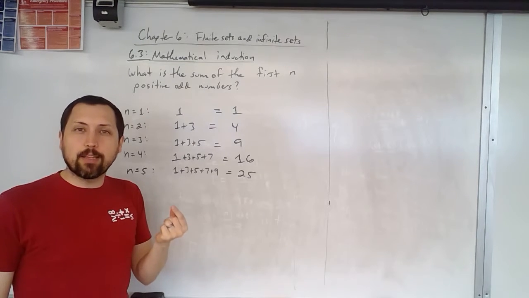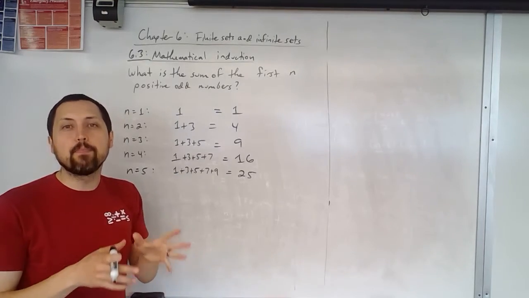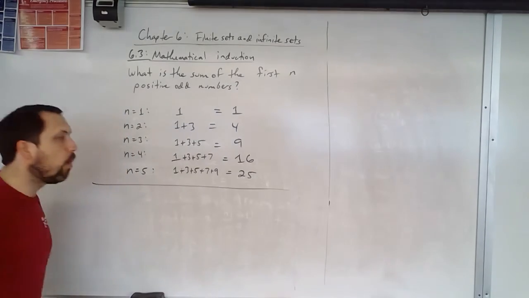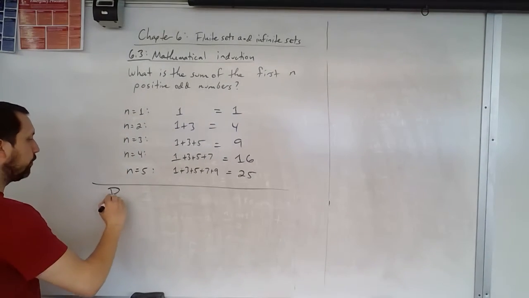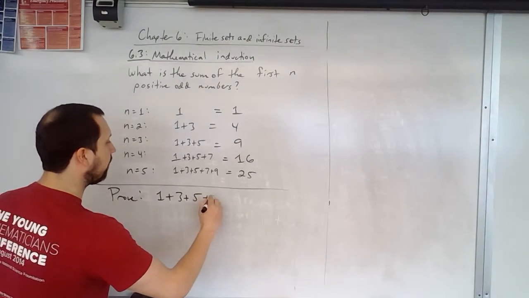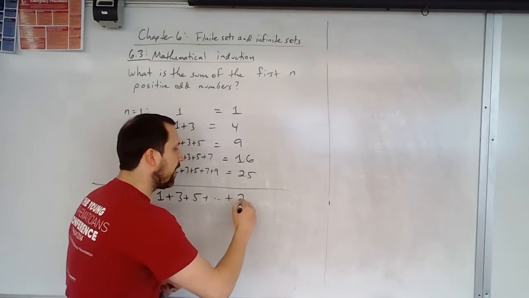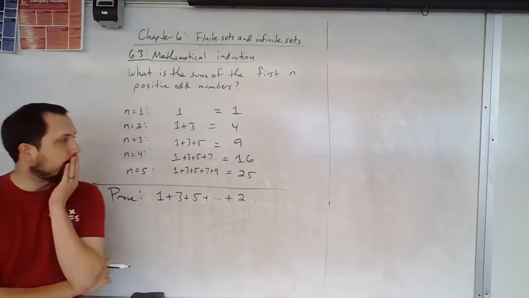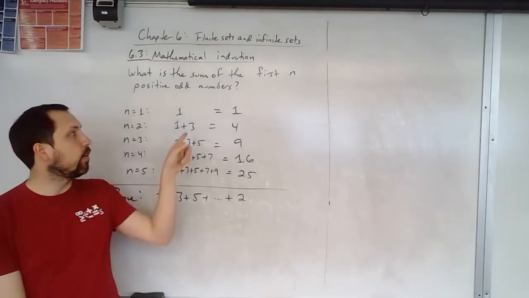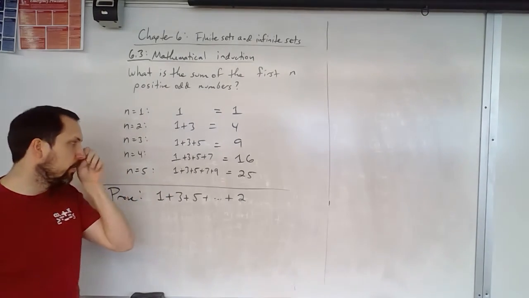So we want to state this as some type of mathematical statement that we can use induction to prove. What we'd like to prove is that 1 plus 3 plus 5 plus all of these odd numbers... So if I think about the first n odd numbers, how do we even write that? How could we write this left-hand side succinctly?